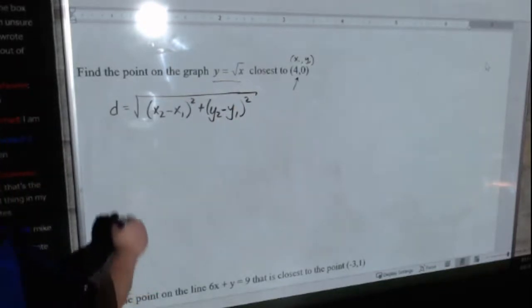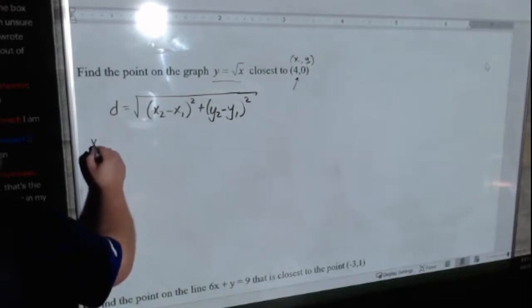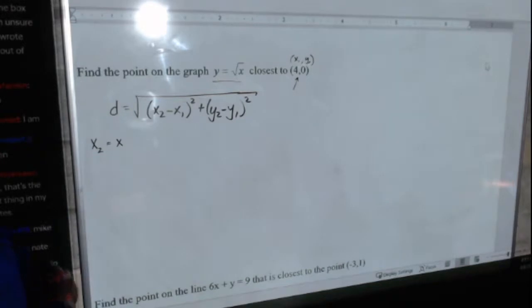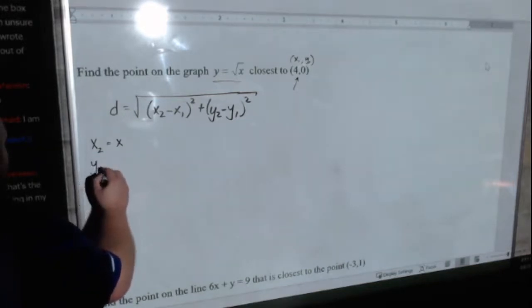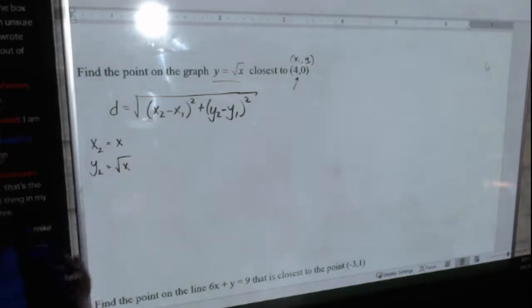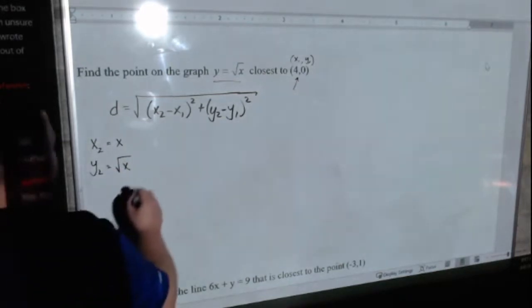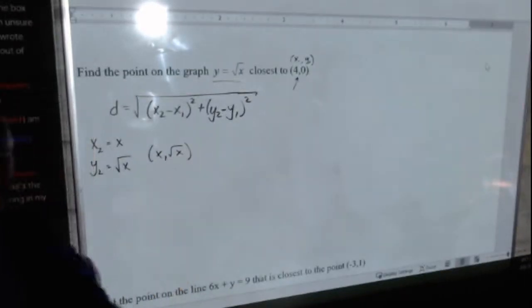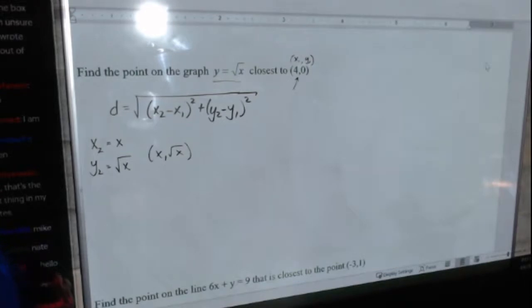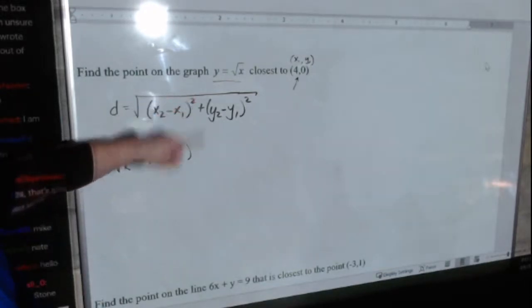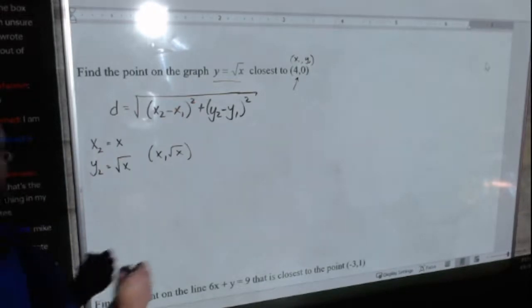So if x2 is equal to some x, then y2 is equal to the square root of that x. So our point then is x, square root x. So then we just need to plug that in with our original point up there.